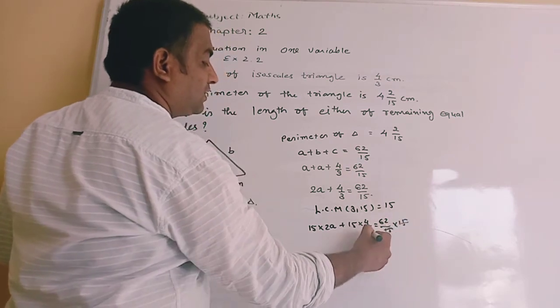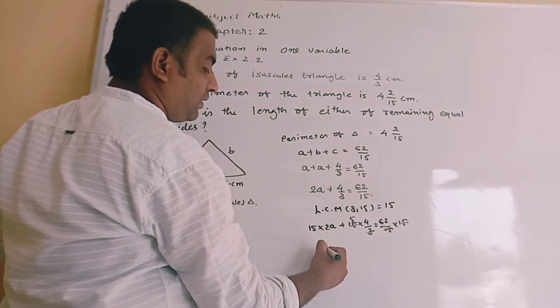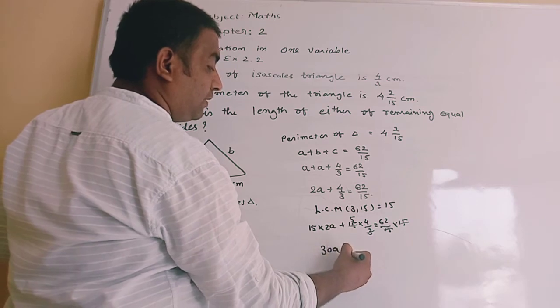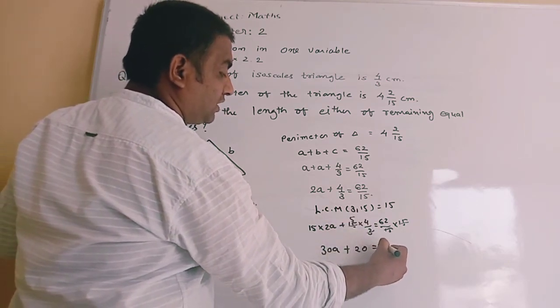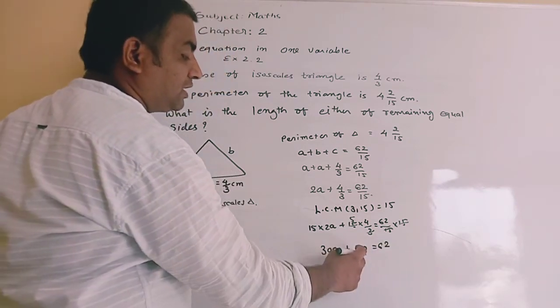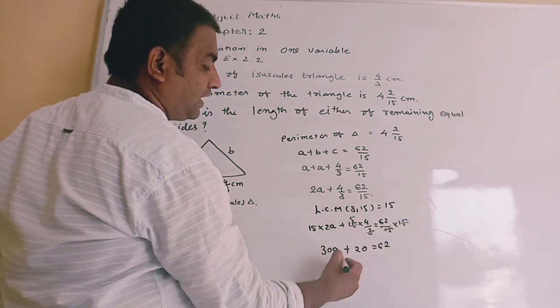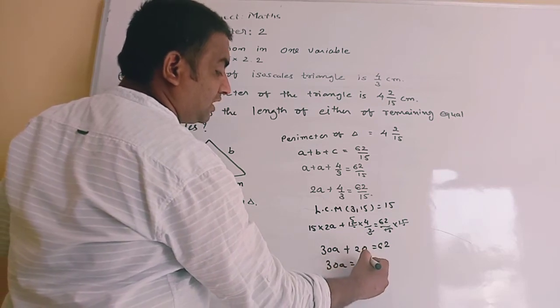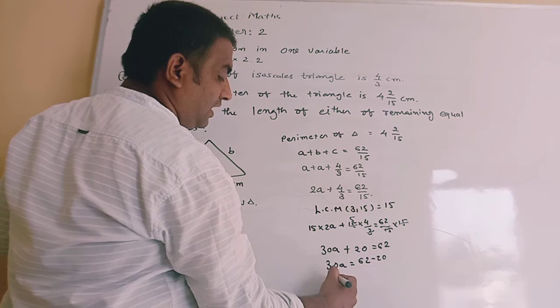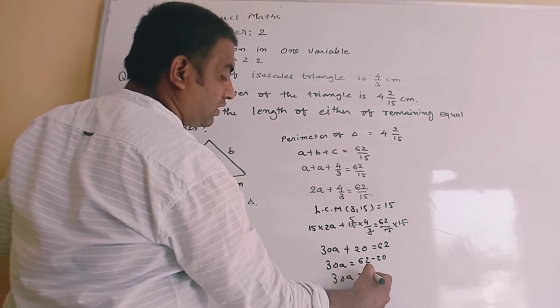So 15 cancels, 3 fives are 15, so 30A plus 5 fours are 20 equals 62. So 20 we transfer from the left hand side to the right hand side. 30A equals 62 minus 20, and so 30A equals 42.